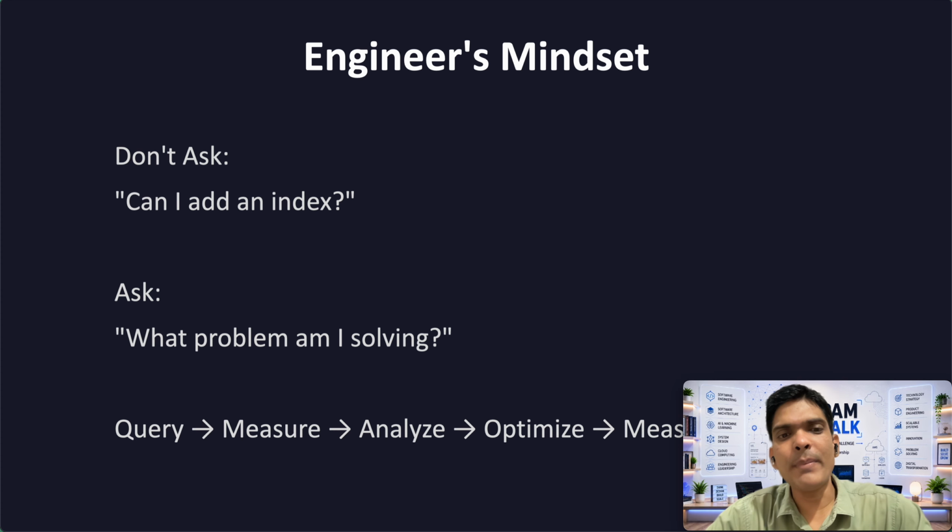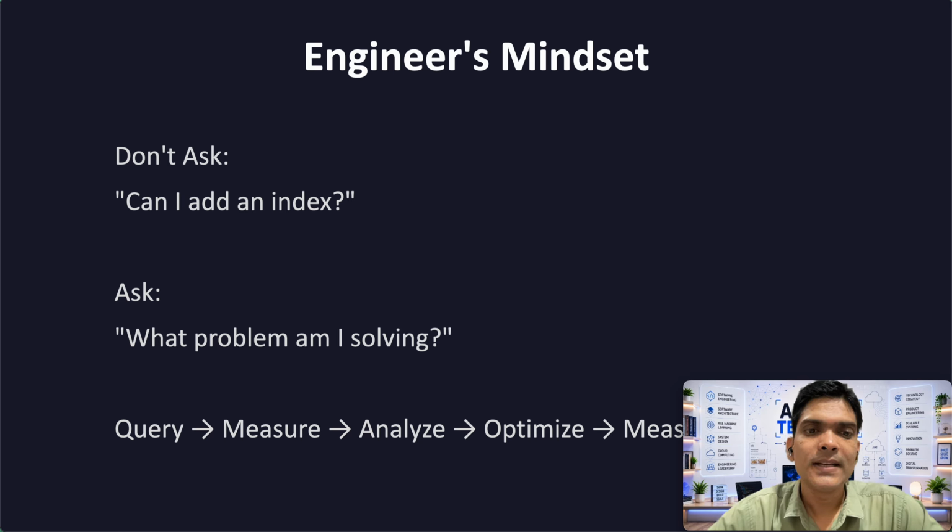Then we can make an optimization and measure the result again. This is an important engineering mindset. Measure first, optimize second. Performance optimization should be based on evidence, not assumptions.